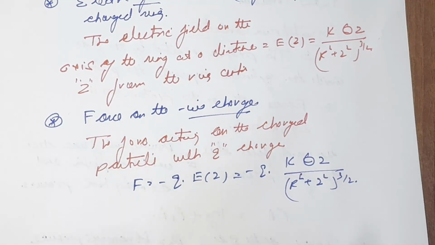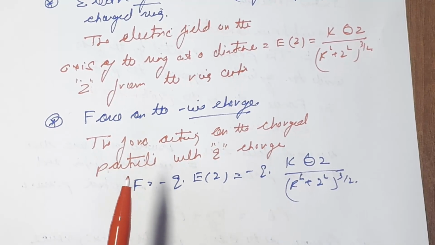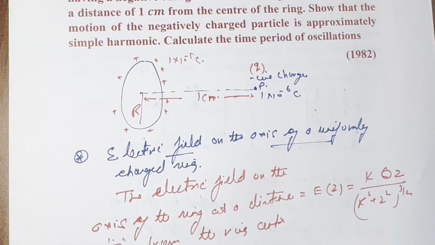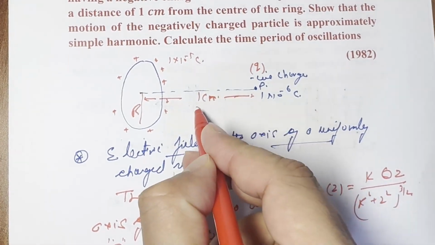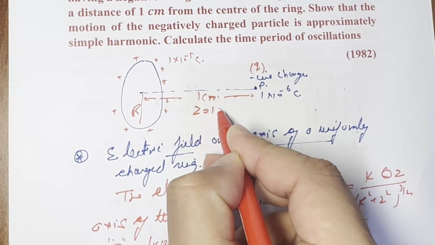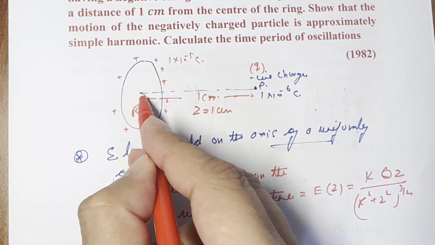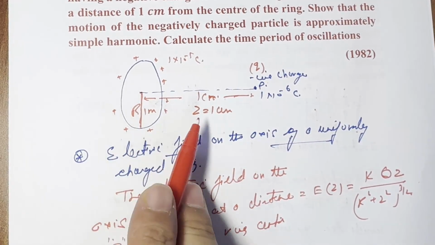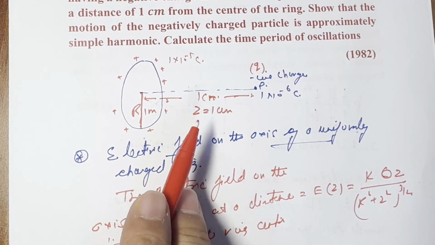We can make an approximation that the distance z is very much less than R, because this z is given as 1 centimeter, whereas the radius is given as 1 meter. So compared to the radius, the value of z is very small.